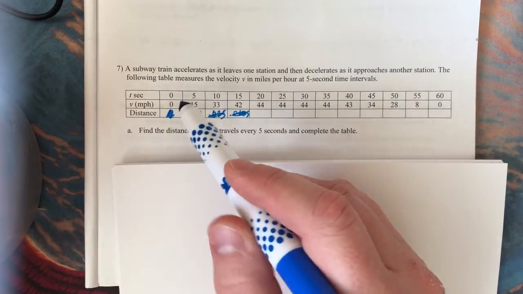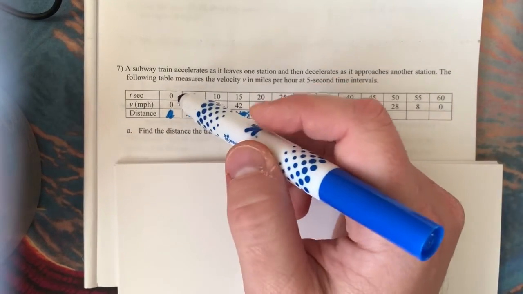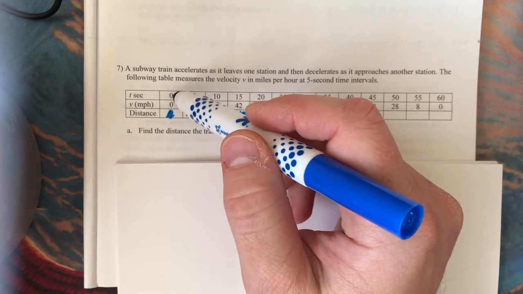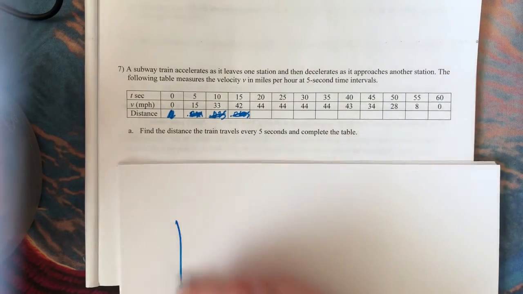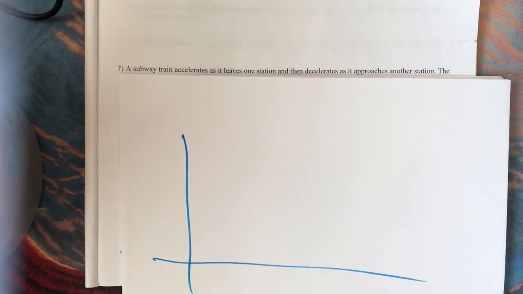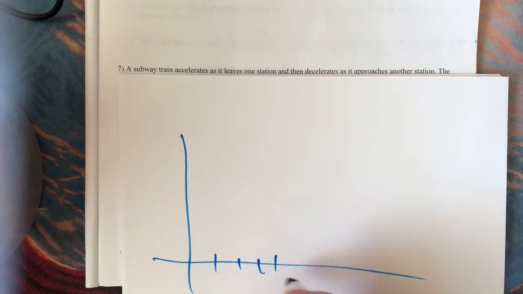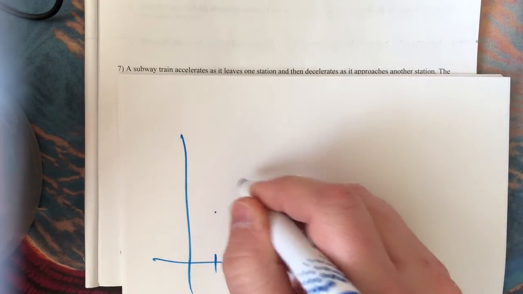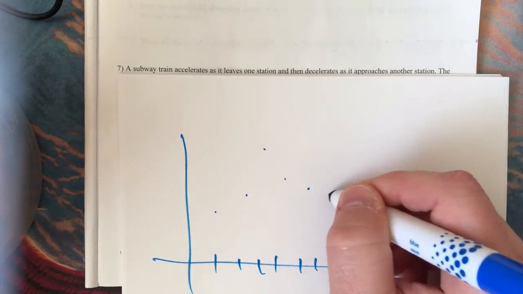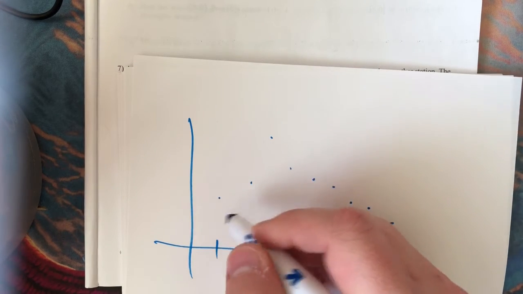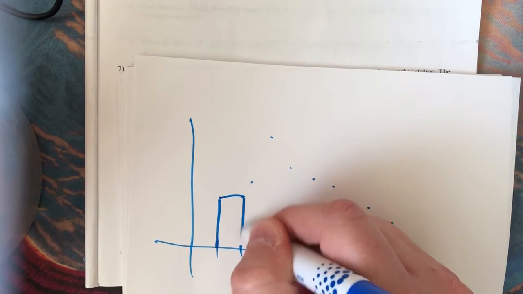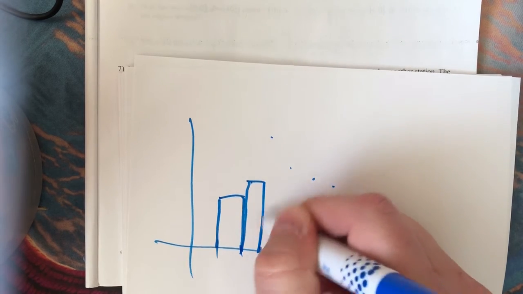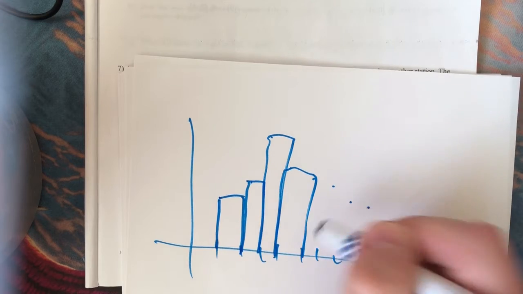So for this first one, let me just draw it out. We got all these little dots and who knows what it is. But we're able to go, oh, make a rectangle, make a rectangle, make a rectangle, make a rectangle.